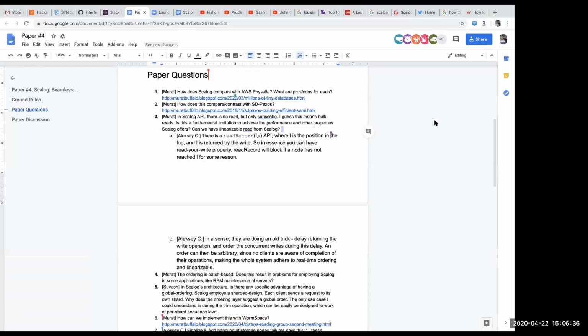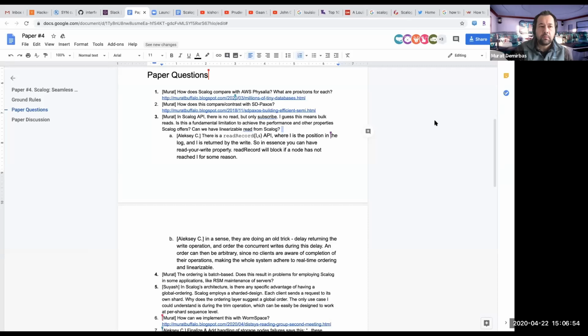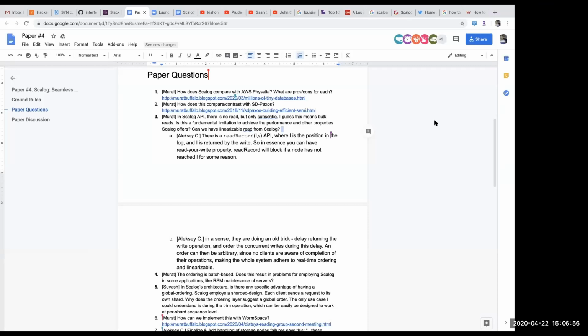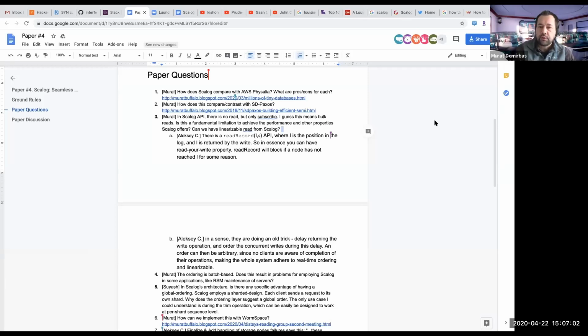So if one shard is affected, other shards can still continue processing, because there's nothing stopping them. I don't see anywhere in the whole paper where the global order would destroy the whole system if one of the shards is not there, because each shard can easily maintain its own ordering. I know they have chosen this idea of having a global order, but I don't understand why it is necessary. You're right.